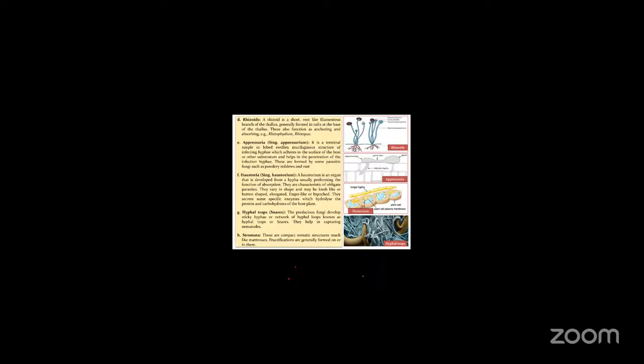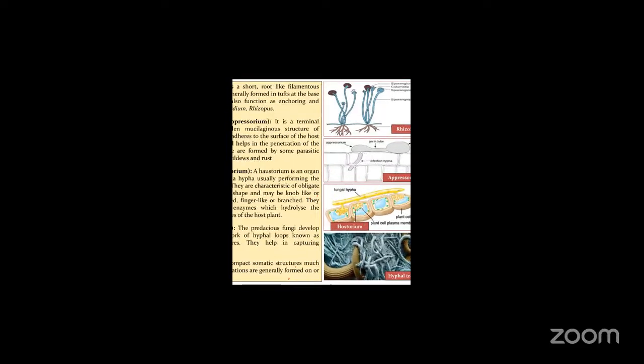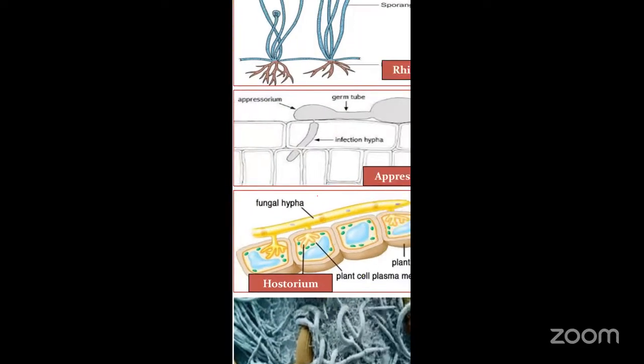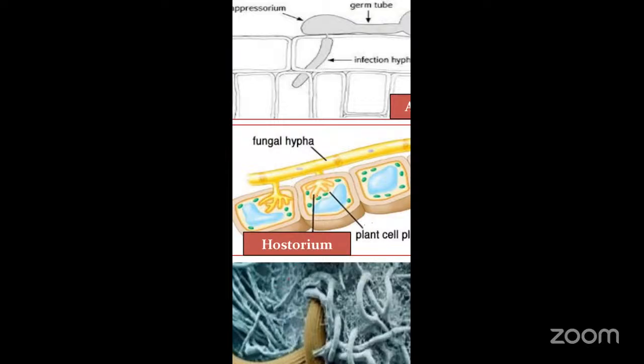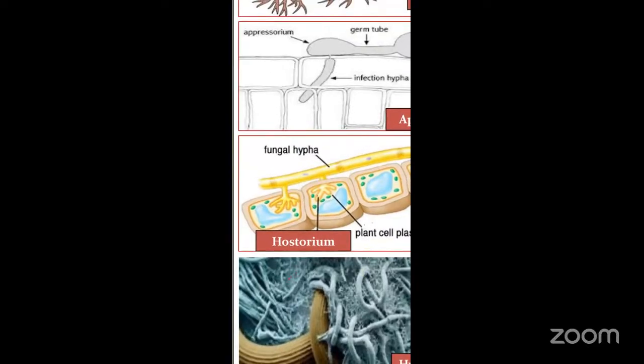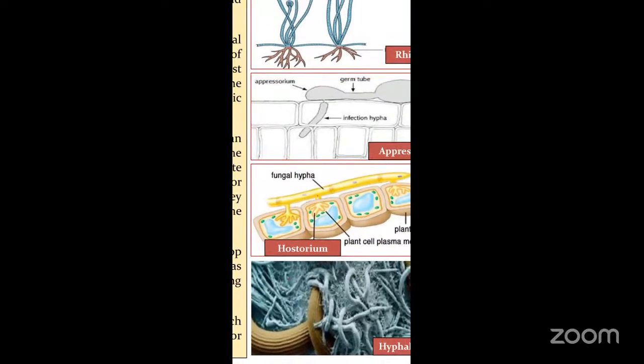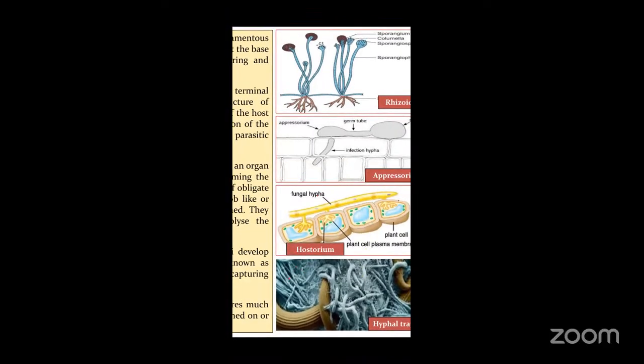Different shapes are there, maybe knob-like structures, button-shaped, and elongated finger-like structures that are branched. So what is the main haustoria function? To absorb the food material from the host. This is the haustoria: anchor-like and finger-like structures that penetrate into the tissues of host cells.